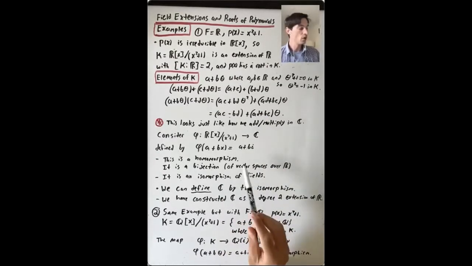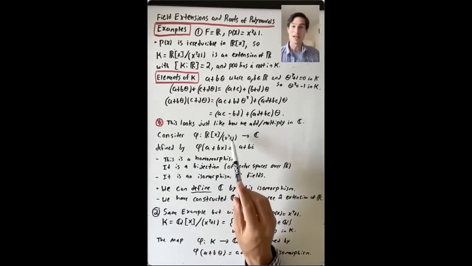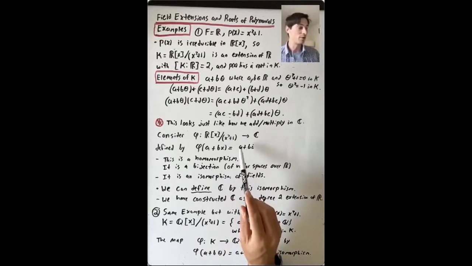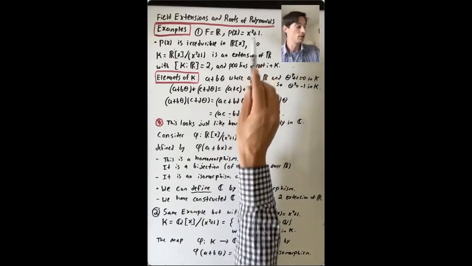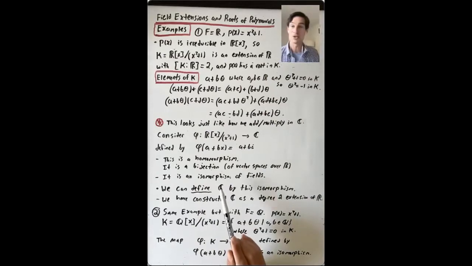So what are we seeing? We started with R[x] and this irreducible polynomial of degree 2. And we constructed a field that was isomorphic to C. So as long as you're comfortable identifying a field with a field isomorphic to it, you could use this as a definition of the complex numbers.